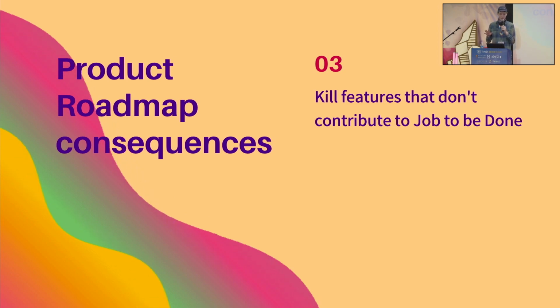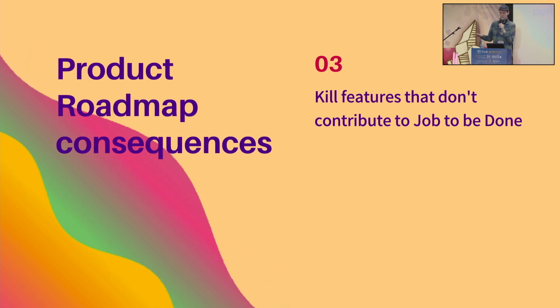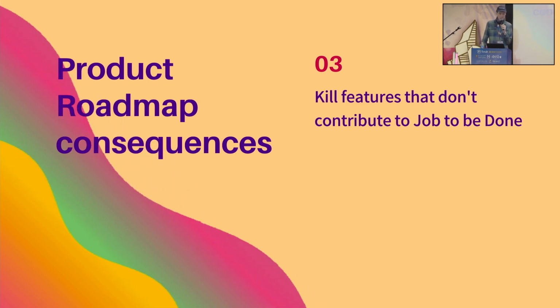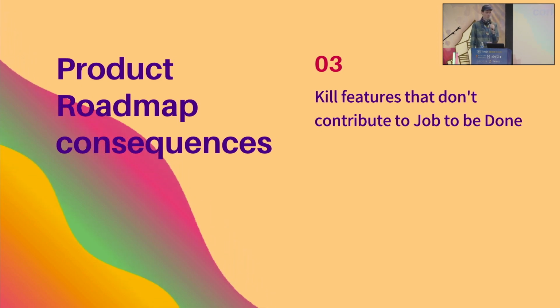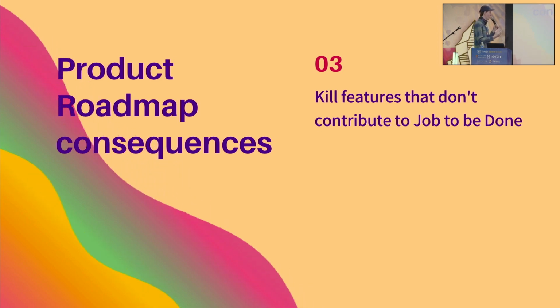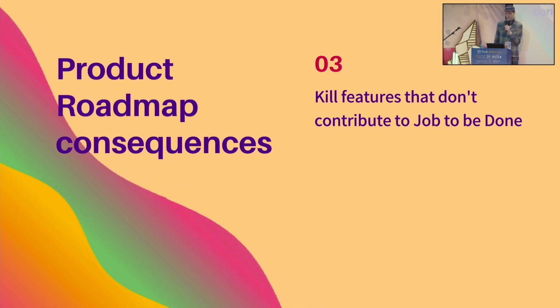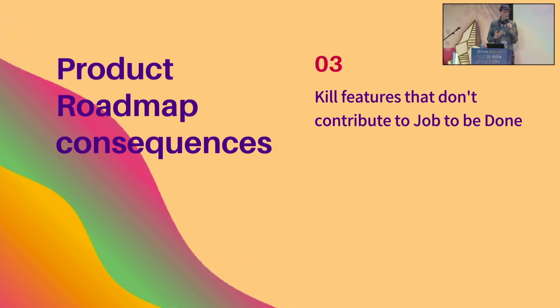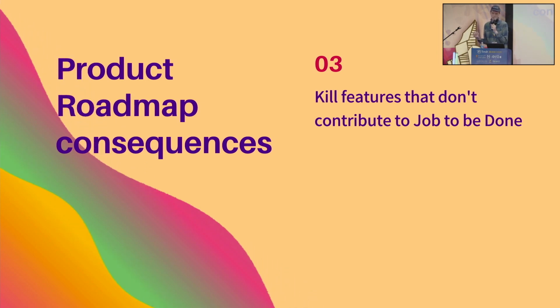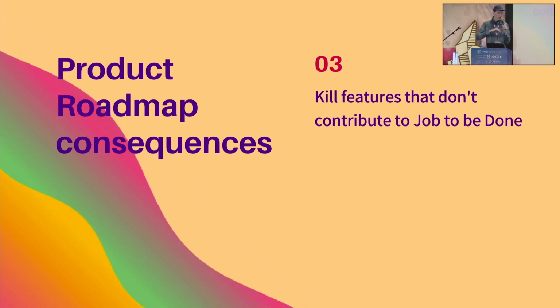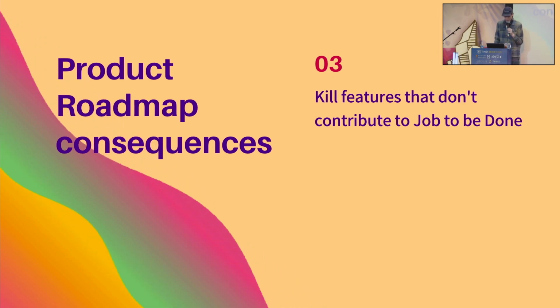Also, kill features that don't contribute to the job to be done. If you have features that are, for whatever reason, not contributing to optimizing profits and protecting from losses, and that's your identified job, then you should definitely kill that feature.